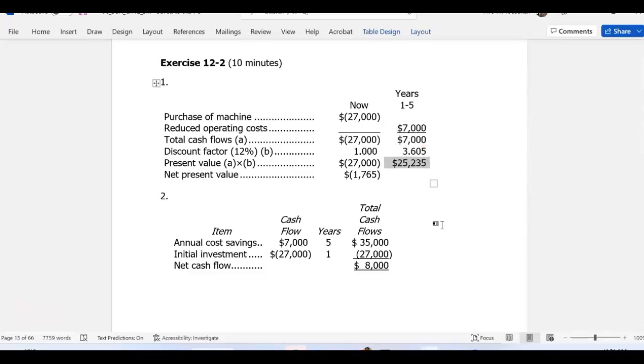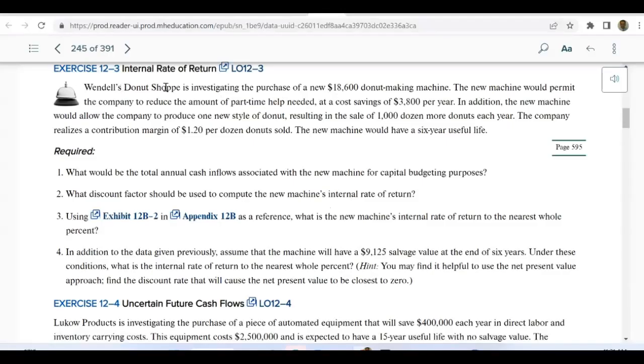Okay, let's do one more. Company is investing in the purchase of a new $18,600 donut making machine. The new machine would permit the company to reduce the amount of part-time help needed, a cost saving of $3,800 per year. So you buy a new machine, and that will save you on labor cost.